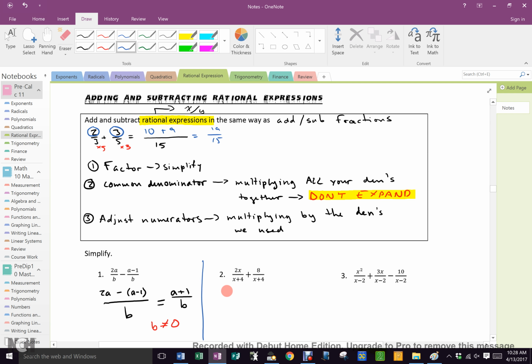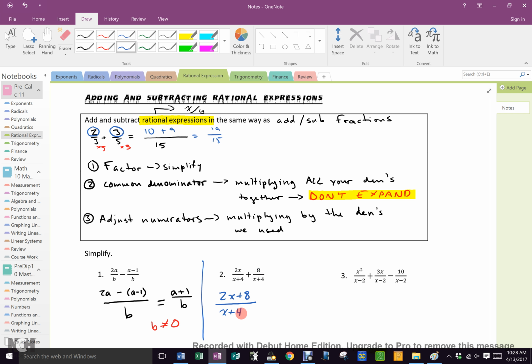Pardon? No. That grade 9, it's rearing its ugly head, Joel. 2x plus 8. You can't add x's and 8s. Over what? x plus 4. How many of you think we're done? Why are you not done?